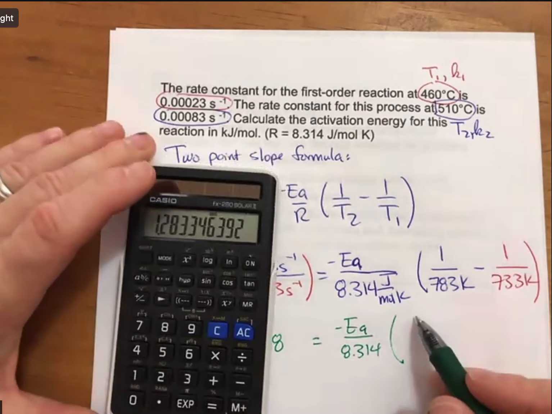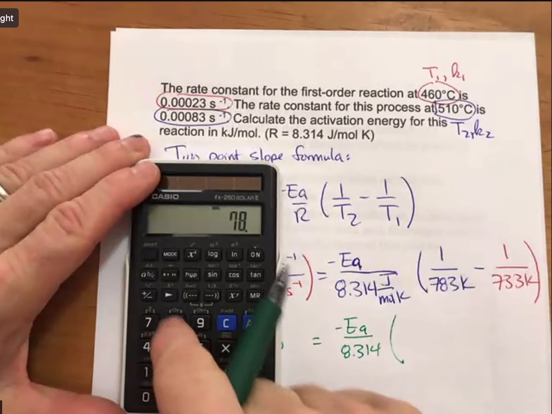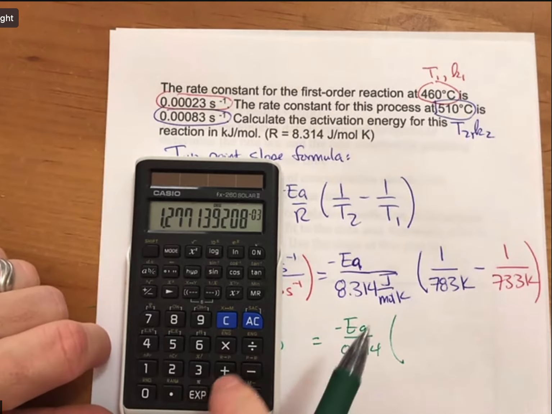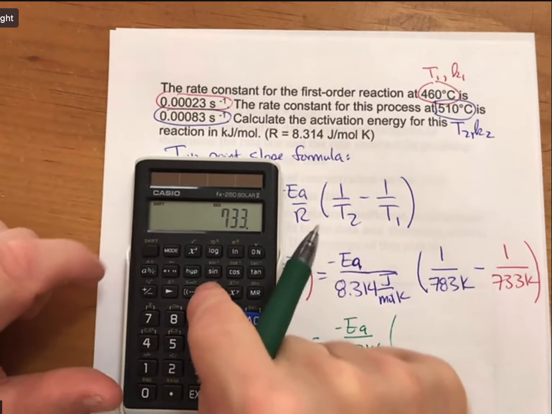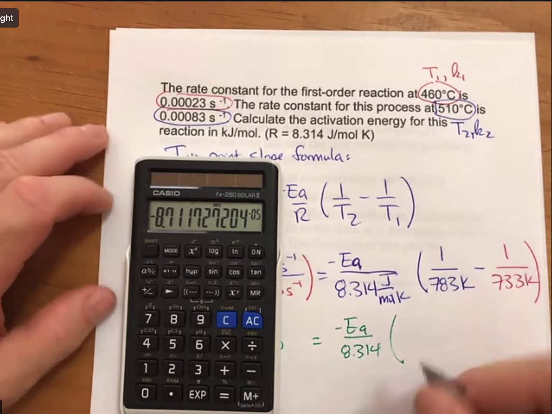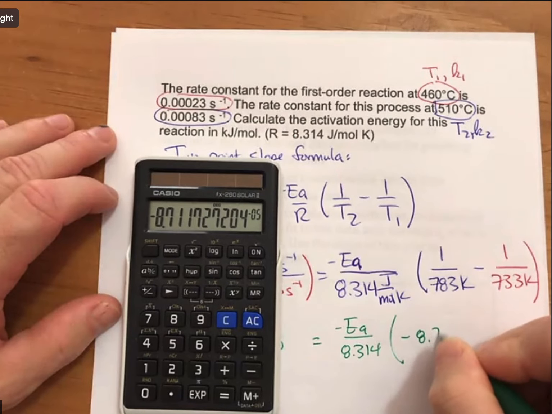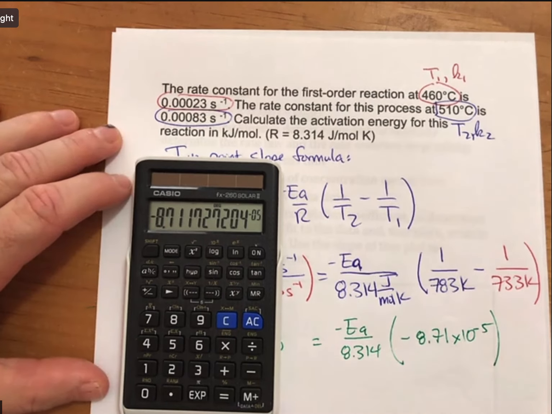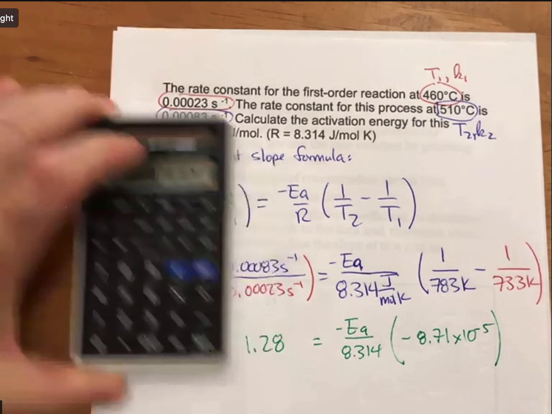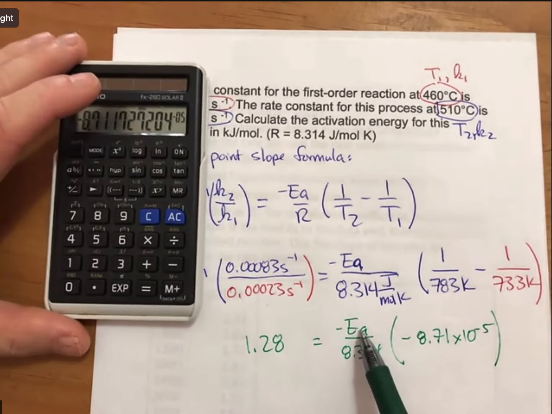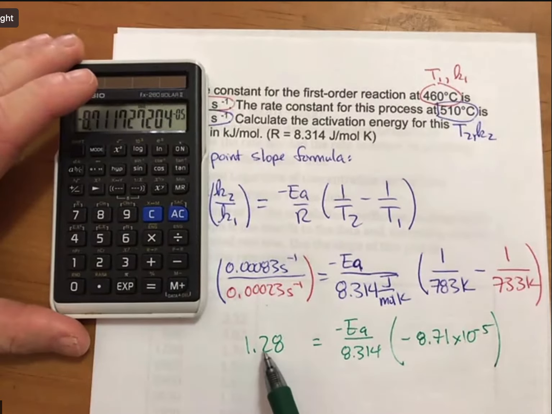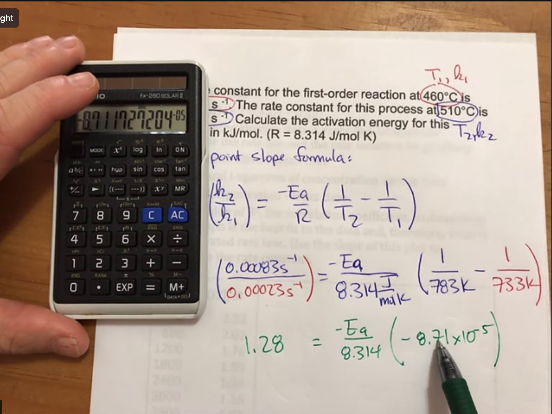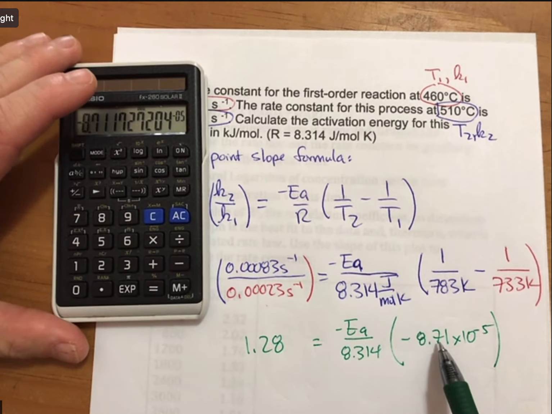And the other term here, 1 over 783 minus 1 over 733. I get minus 8.71 times 10 to the minus fifth. Now, to find my activation energy, it's going to be this number times this divided by the 8.71 times 10 to the minus fifth.